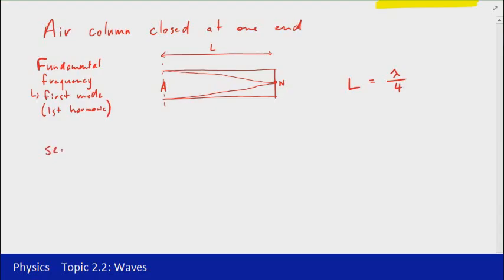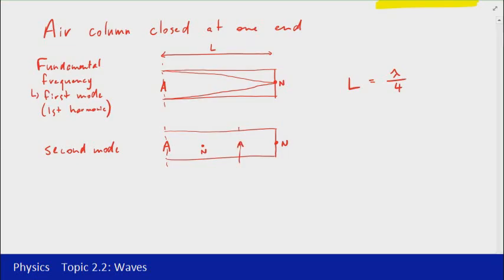For the second mode of vibration, as I said, we'll come back to harmonics. We're still going to have a node at the closed end and an antinode at the open end, but we're now also going to introduce another node-antinode pair in the middle.